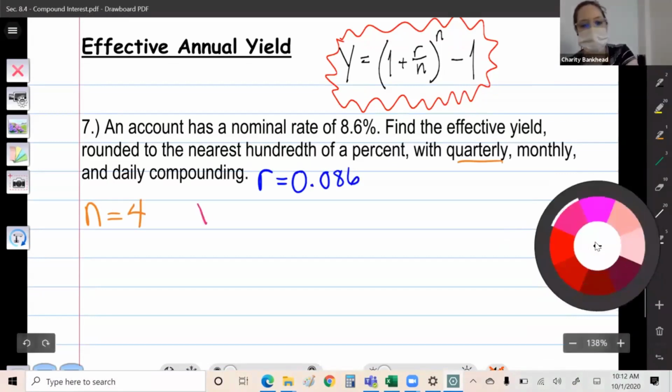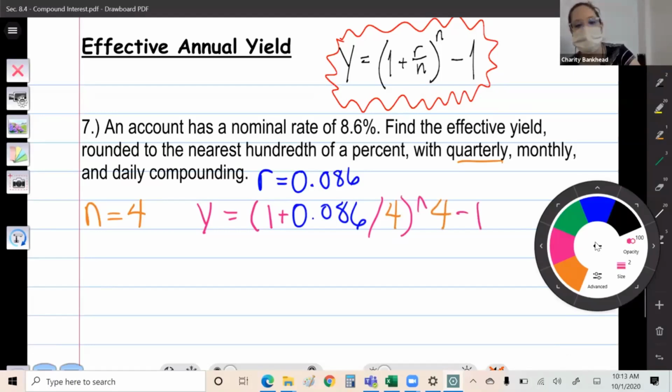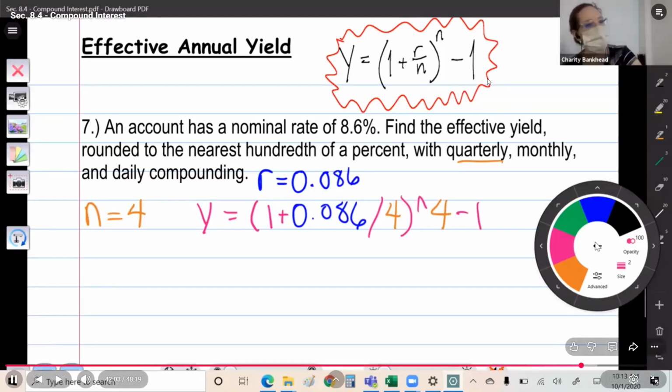That's what we're going to plug in. So y equals, open parentheses, 1 plus 0.086 divided by 4, close parentheses, to the power of 4, and then minus 1. And the minus 1 is not part of the exponent.